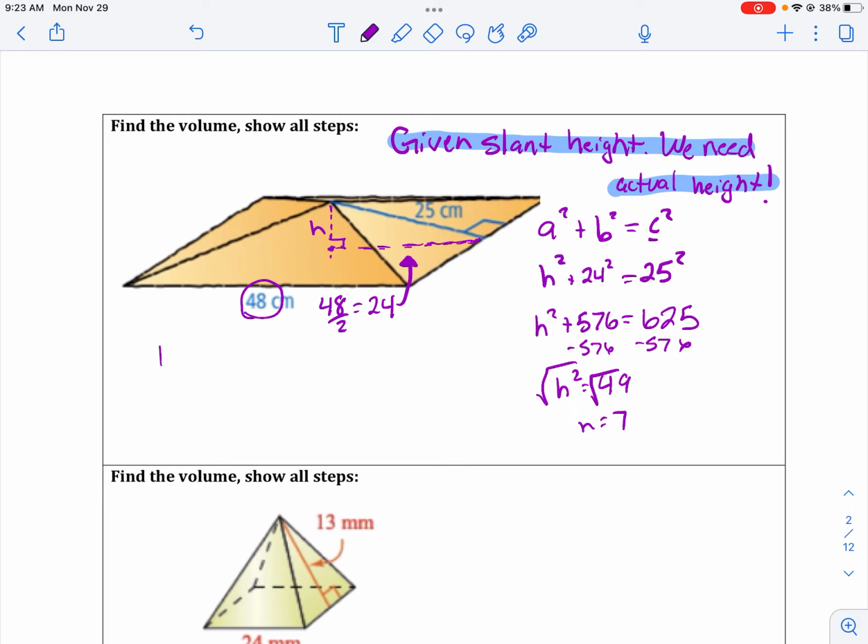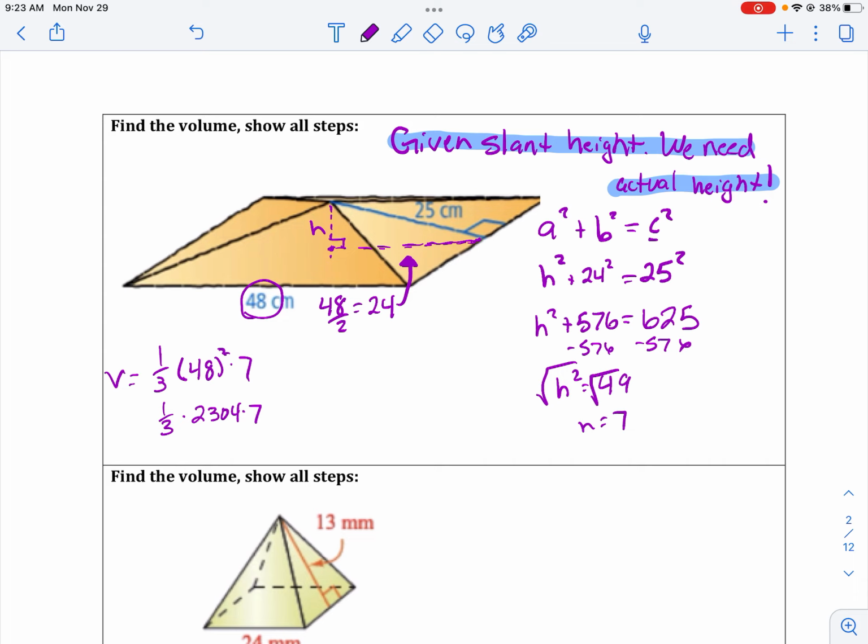So now that I have the height, I can find the volume. 1/3 times area of the base, which is 48 squared, times the height, which is 7. So 1/3 times 2,304 times 7.